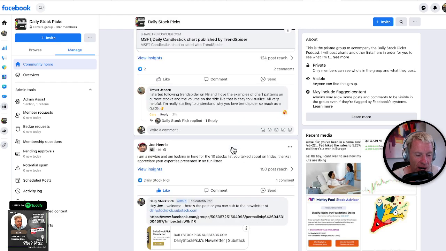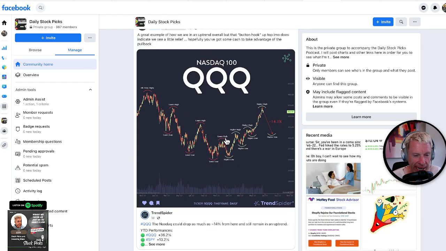I want to talk about this chart right here that you're seeing from TrendSpider. This is a great example of why higher highs and higher lows means an upward trending market, and lower highs and lower lows means a downward trending market. So if I were to draw just across a trend line, remember a trend line hits three points. So your all-time highs, lower high, lower high.